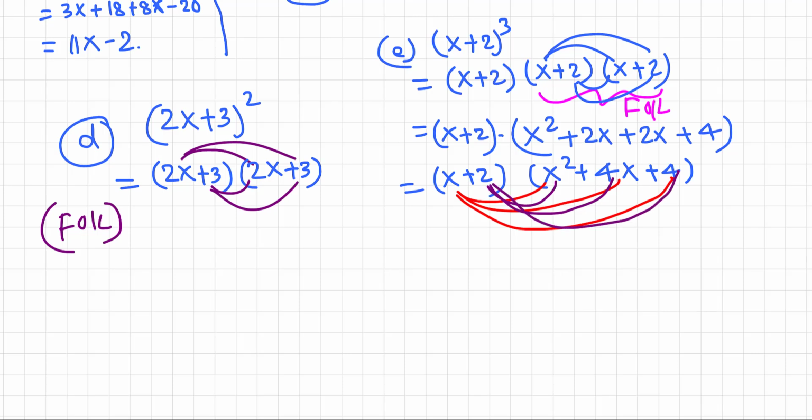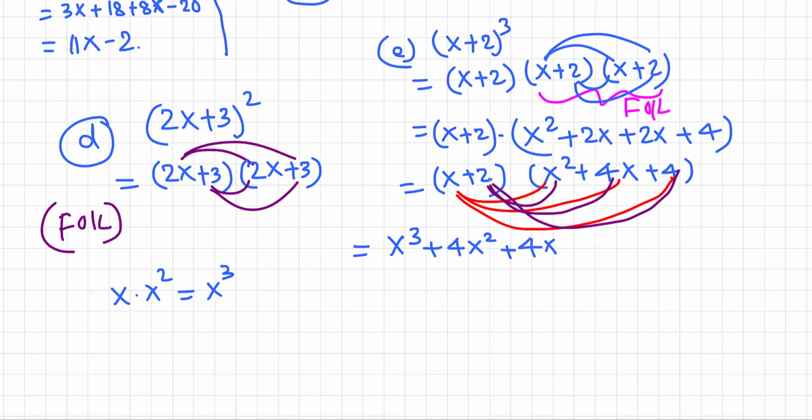There can be other ways, but the final answer will be the same. x times x squared, what is that? 2 copies, 1 copy. When we multiply, we add 1 and 2, so it's 3. x times x squared is x cubed. x times 4x is plus 4x squared.